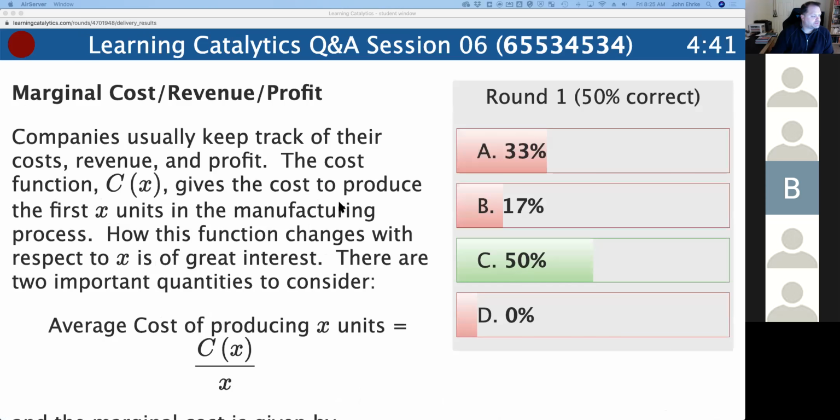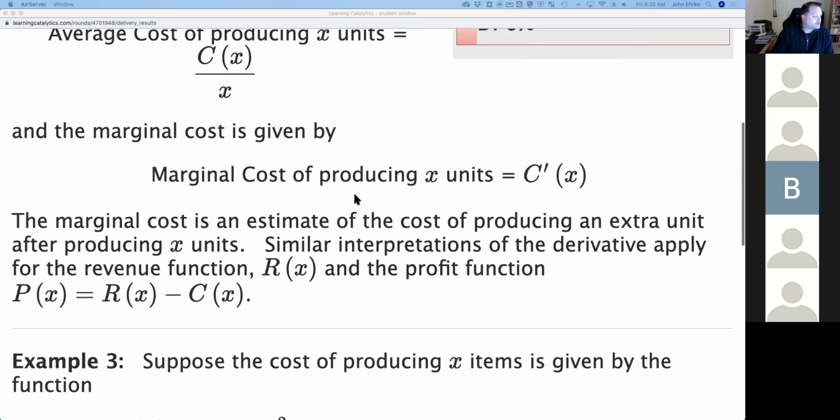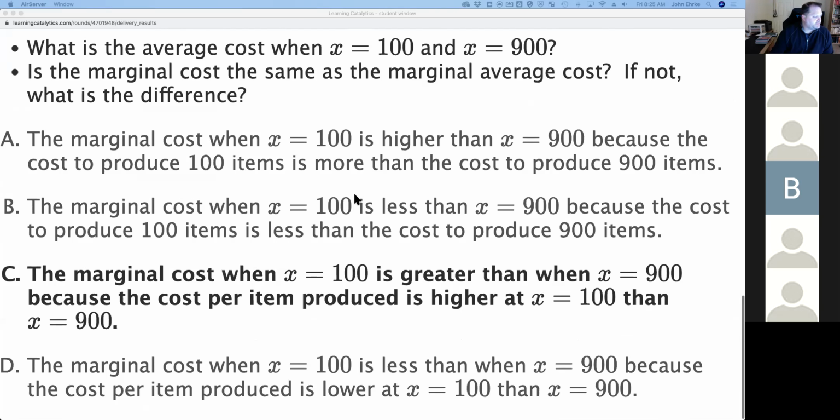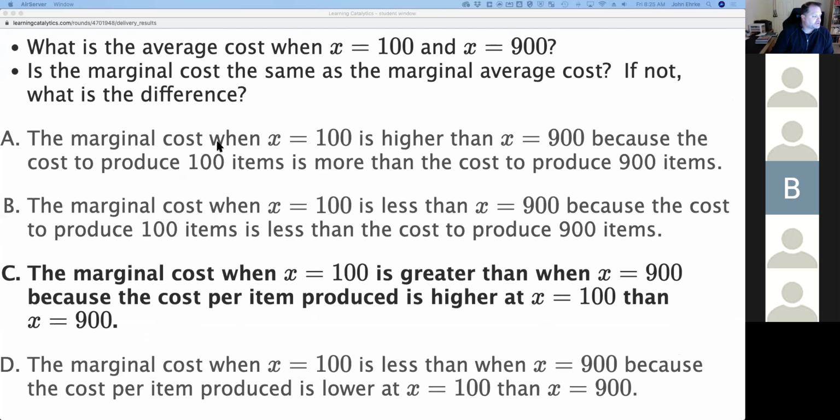So here are the results. The correct answer here is C. So these are my options. Let's think through it for a second.